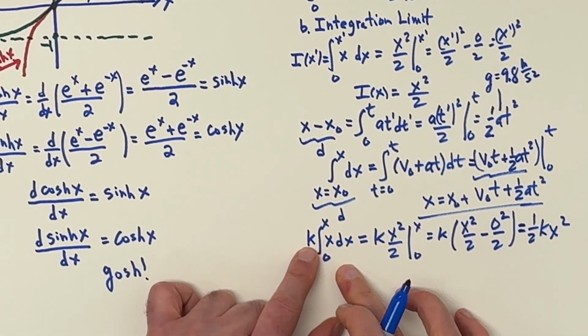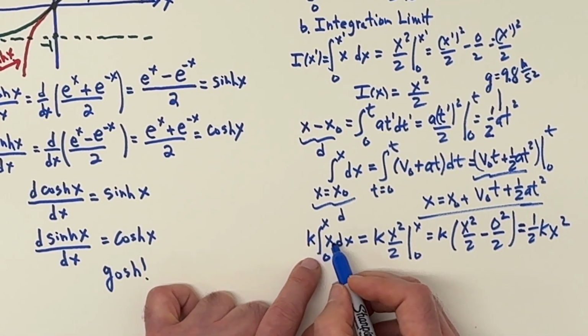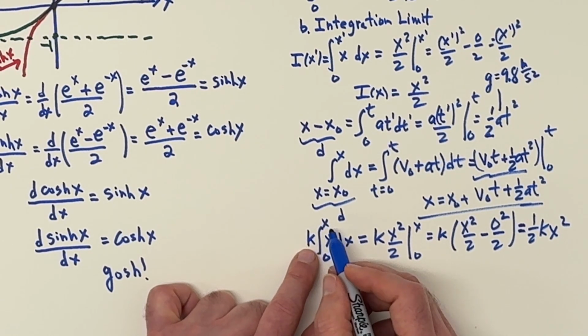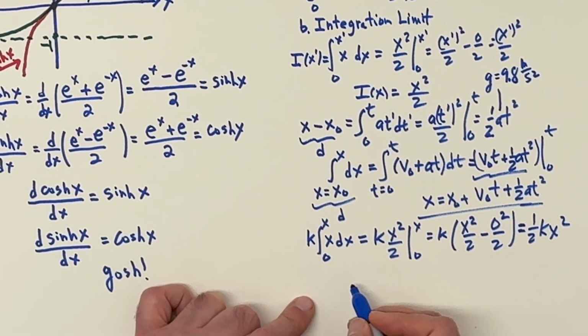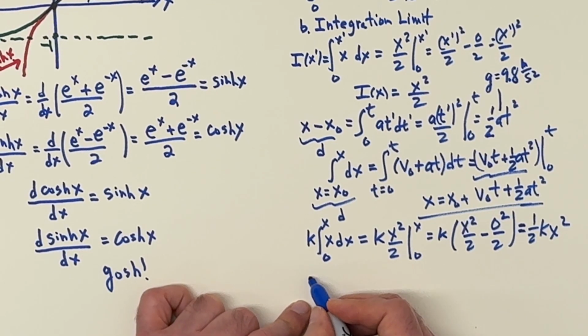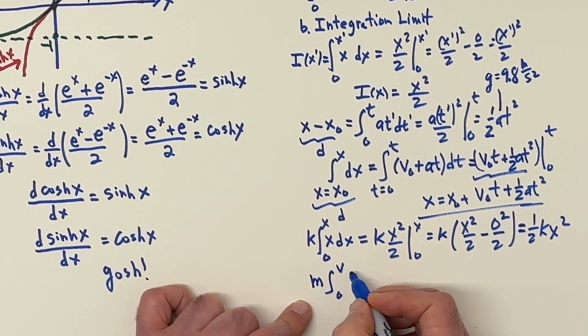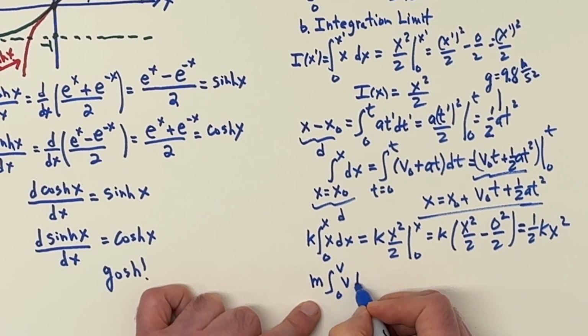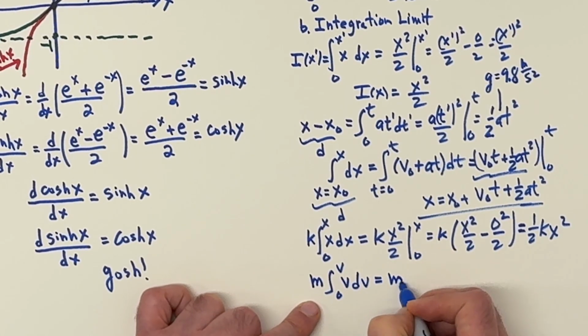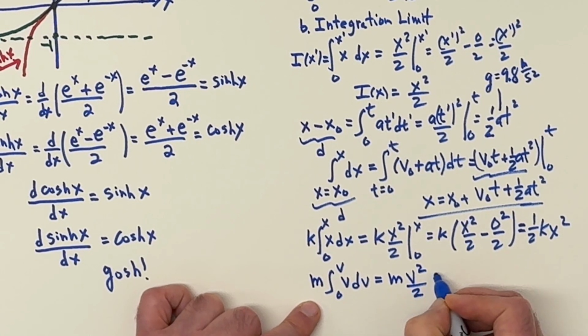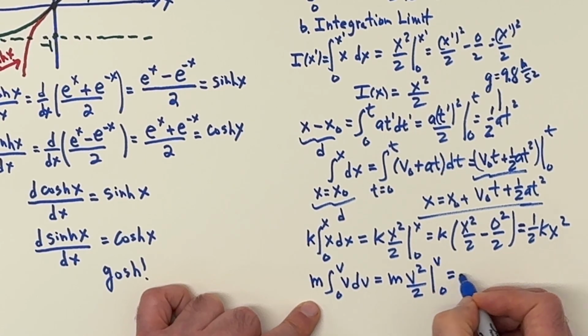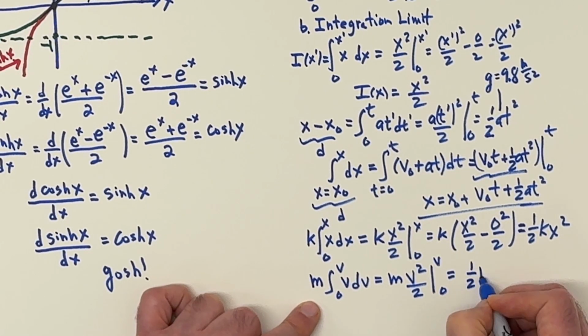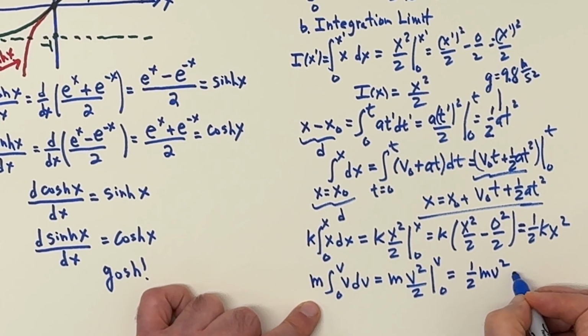It's just the integral I wanted to talk about, that the integration variable is the same as the upper limit here. And another example that's famous in physics is where you have mass with the integral from 0 to v, velocity of v dv. You would have m, v squared over 2, and you'd go from 0 to v, and you would have 1/2 mv squared at the upper limit minus 0.